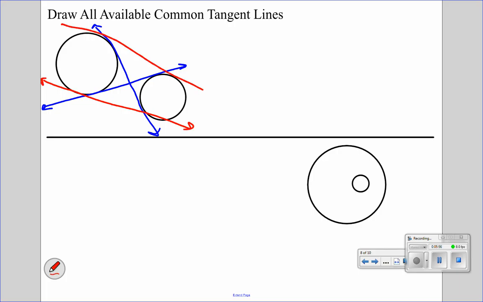So we have a total of 4 common tangents for those 2 circles. Now this one down here, we have none because tangents cannot go inside a circle. They cannot go inside a circle. And the common tangent has to touch both circles, so this one cannot be done. It is impossible.